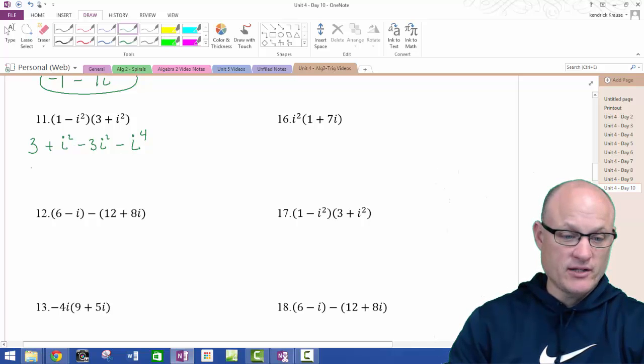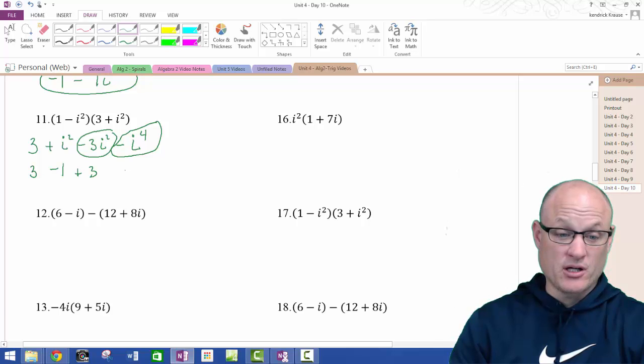Well, i squared is negative 1, so this becomes 3 minus 1. i squared here is negative 1, so this becomes plus 3. And if you remember, i to the 4th is really just 1, so this becomes minus 1. So my answer here is 6 minus 2, which is 4.